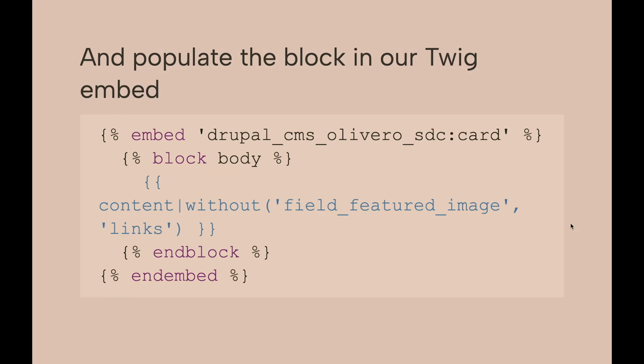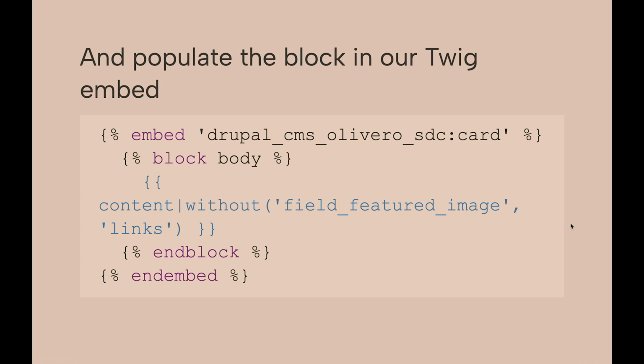And then once that's defined in the template, when we're actually using the single directory component, embedding it here, inside of the block tags, we can put whatever markup we need. And in this case, we're just rendering the field.